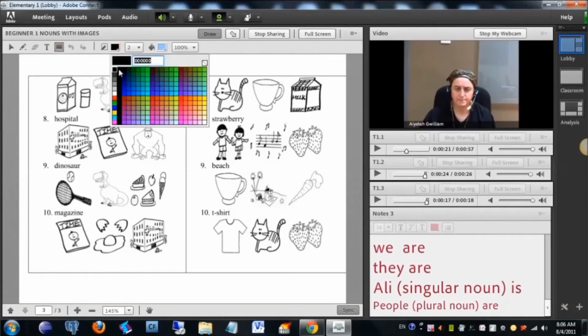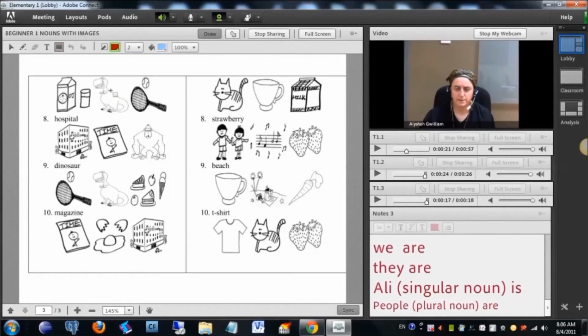Okay, let's have a look at this one. This was tennis. Let's have a look. Let's change that. Let's put this as a pen. Okay. This was tennis. Okay. And this was cup.